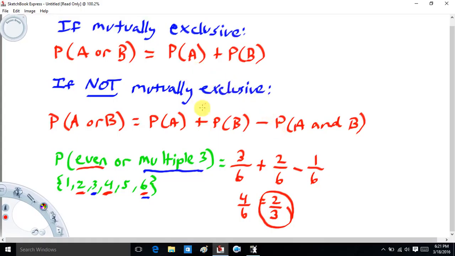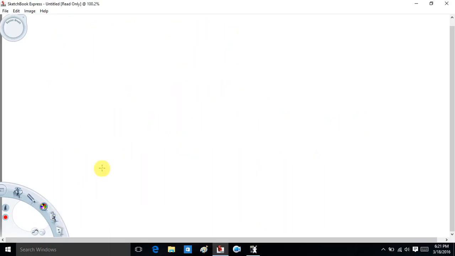Alright, let's work a few more examples. Two standard number cubes are tossed.